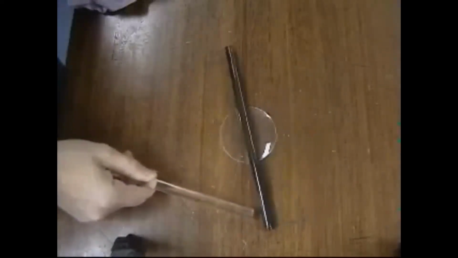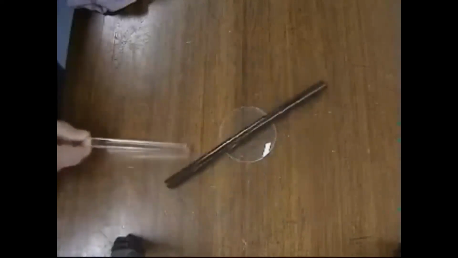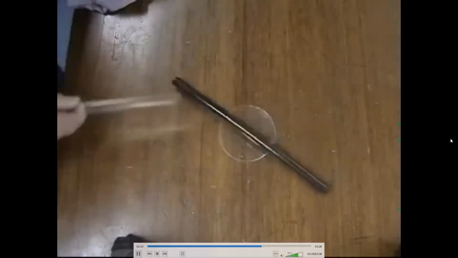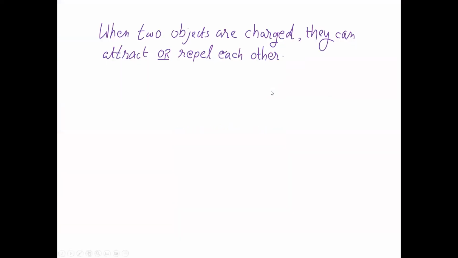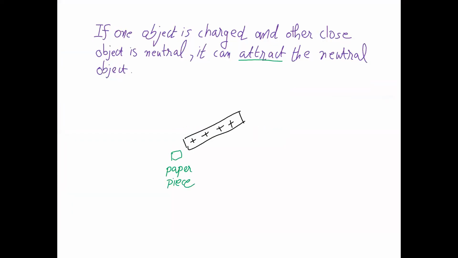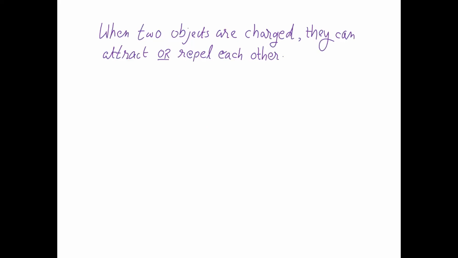This is a type of attraction. So what is our second concept for today? When two objects are charged, they can attract or repel each other. When one object is charged and the other close object is neutral, it can attract the neutral object. This is our third concept for today. But first copy the second concept for today. First copy this.